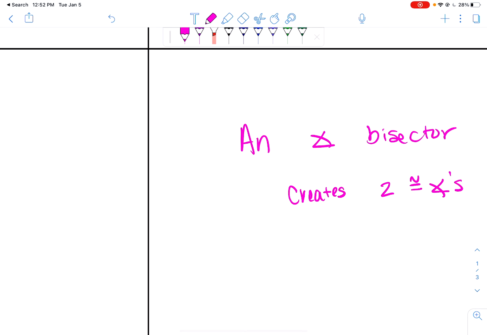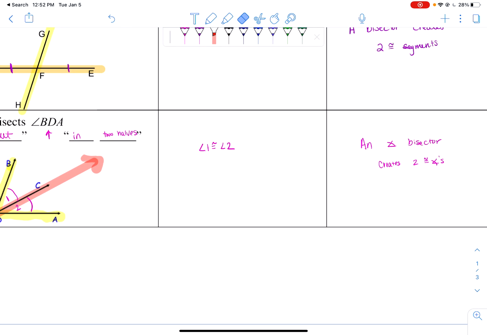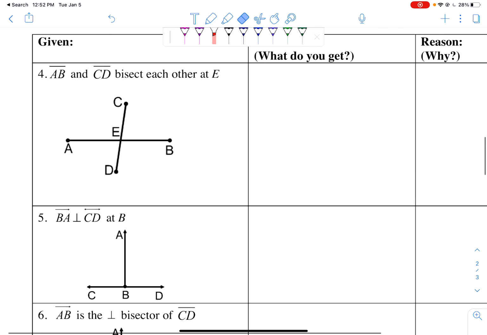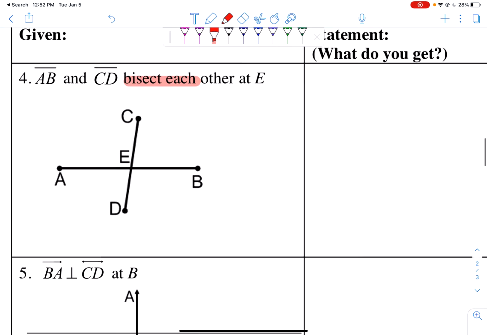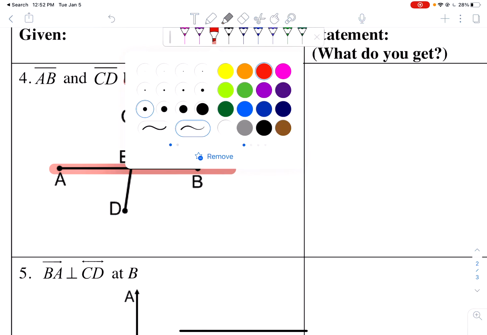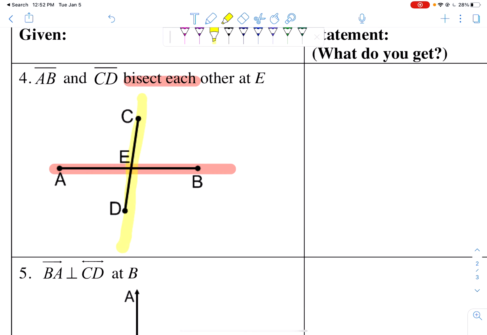And remember, this is what you would be writing in a proof. AB and CD bisect each other at E. Remember, bisect means that they're cutting in half. So we can say, well, if AB bisects CD, I can say my segments are congruent to each other.